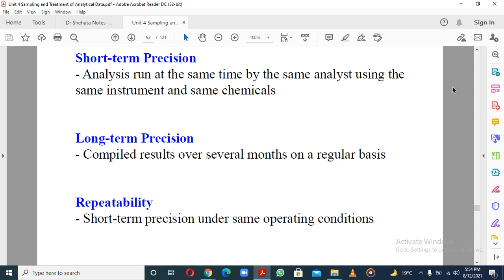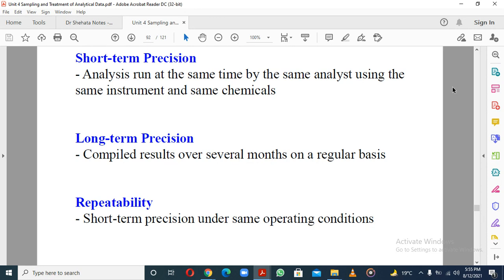When you've done your experiment and your back titration and found your concentration to be 0.1 moles per liter, if someone repeats it at the same time, the same person, the same instruments, the same chemicals, under the same operating conditions, meaning the temperature hasn't changed, nothing has changed about the conditions, and you get a value which is in agreement, that entails that your values are repeatable.